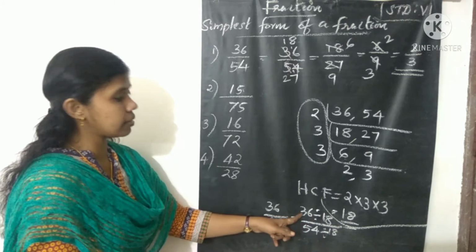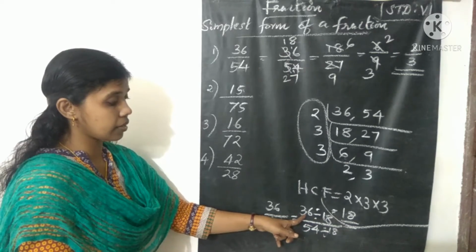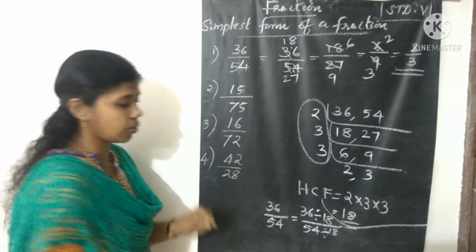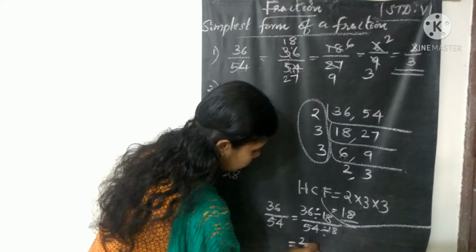Then how many 18s in 36? 18 plus 18 is equal to 36. That is 2 times.